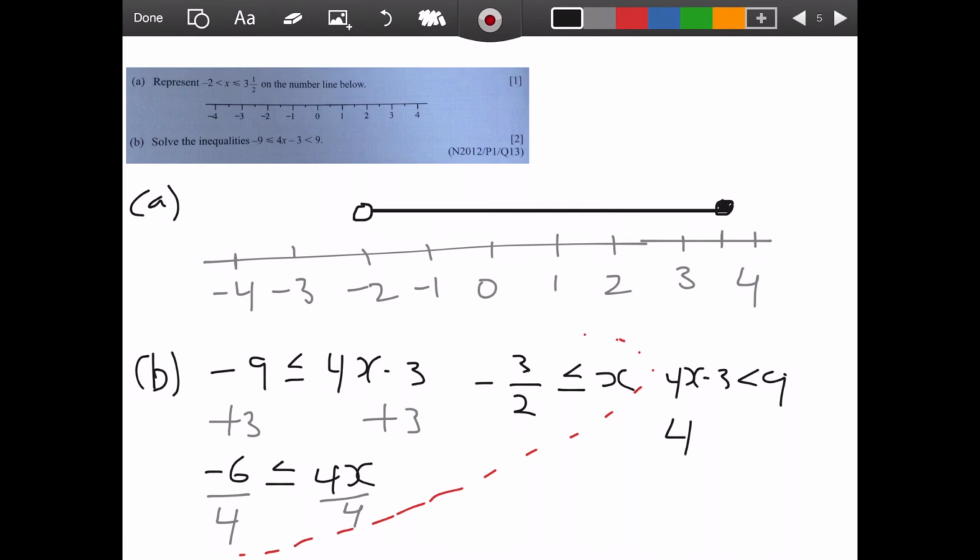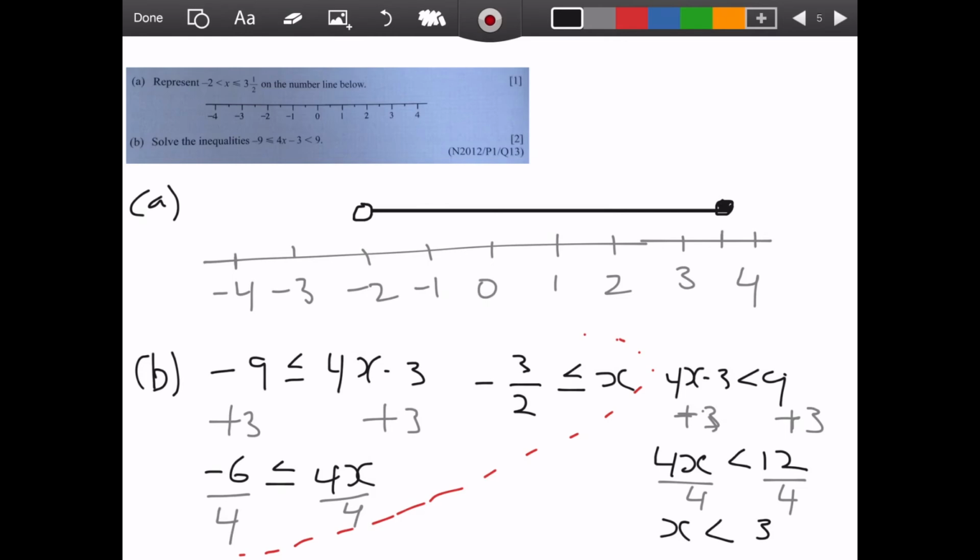So you want to add 3 on the left hand side and also on the right hand side. Okay, what you get is 4x less than 9 plus 3 is 12. Now you just want the x on the left hand side. So that's why you divide by 4 on the left and divide by 4 on the right, and what you get is x less than 3, right?